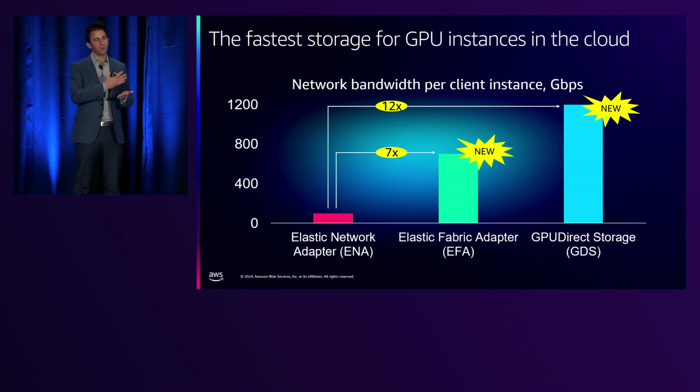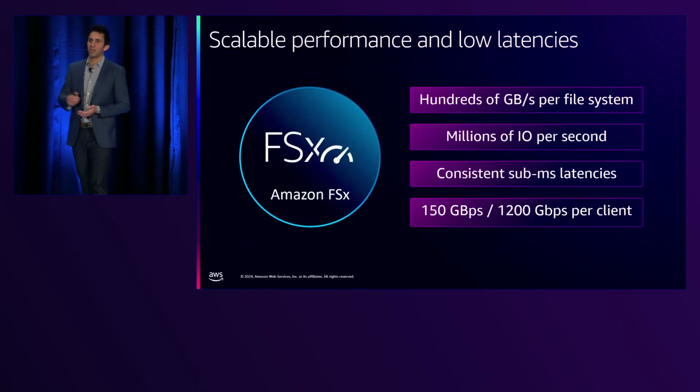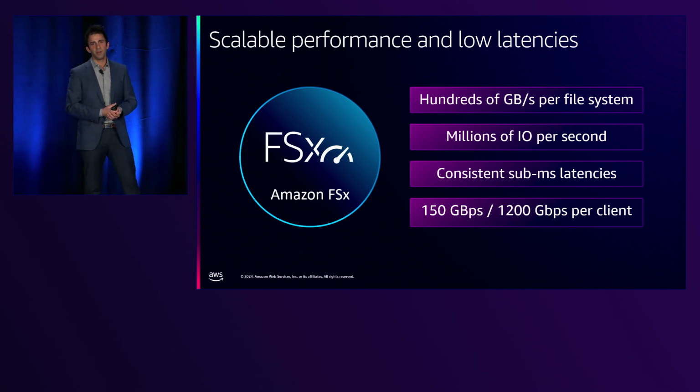In this case, we can actually read or write data between a Lustre file system directly into GPU memory, bypassing all the memory copies and the CPU to minimize the CPU load on those GPU instances, reduce latencies, and optimize throughput. So if you're trying to keep your GPUs busy, especially in a context where they're very I/O hungry, this is going to be a great capability to have in your arsenal. And that gives us 150 gigabytes per second of throughput for each client instance.